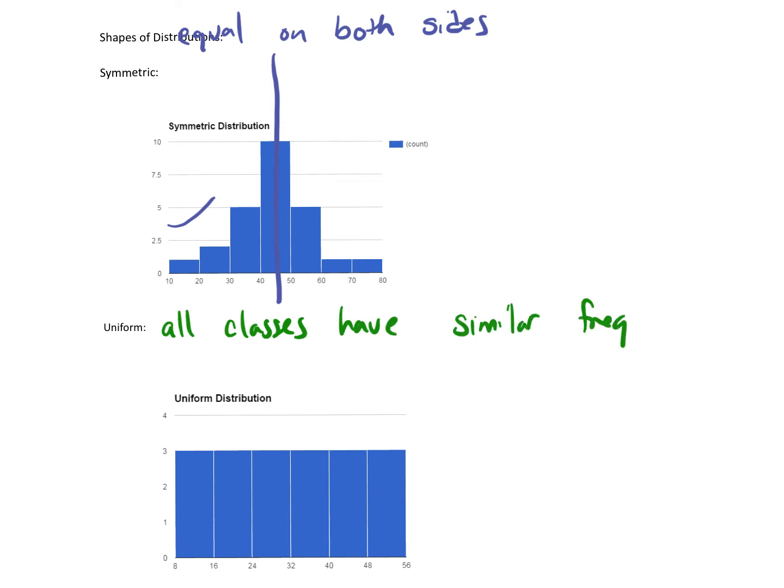So basically, each class, each one of the groups, they basically have the same amount of data in it. Okay, so in this one, it looks like they're all 3. There are 3 data pieces in each of these classes, 8 to 16, 16 to 24, et cetera, et cetera. Again, it doesn't have to be perfect like this one. Anything close we can typically call a uniform distribution.